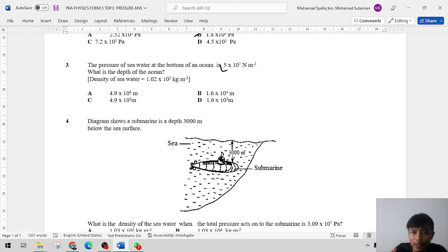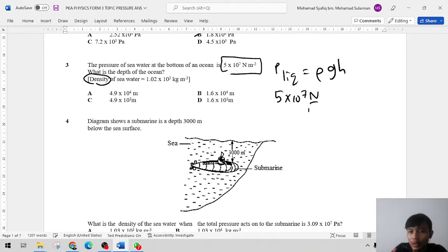Third one, the pressure. So we have pressure this time and we have density. So again, same thing, pressure in liquid equal to density times g times h. So pressure is 5 times 10 to the power of 7 Newton per meter squared. Newton per meter squared is actually Pascal, times density 1.02 times 10 to the power of 3. g is 10, so the depth is h.